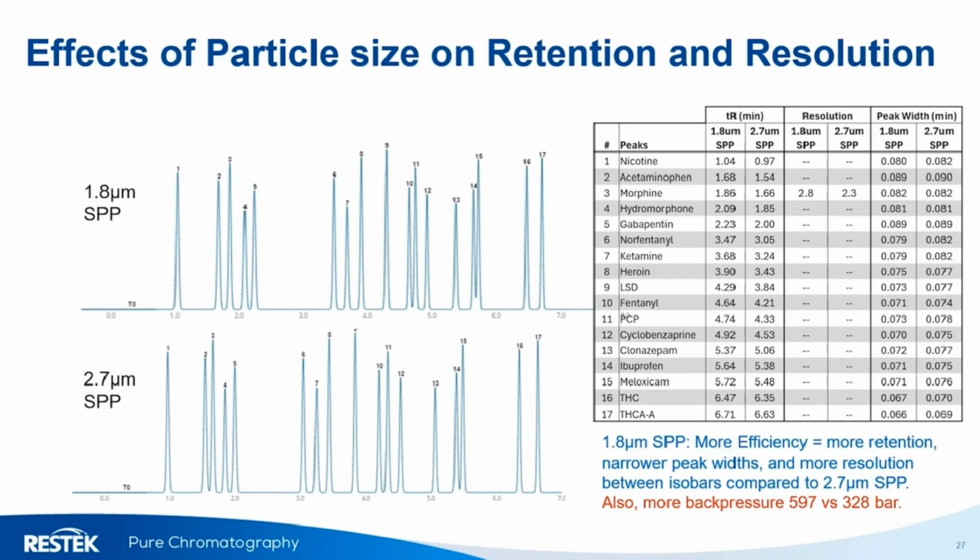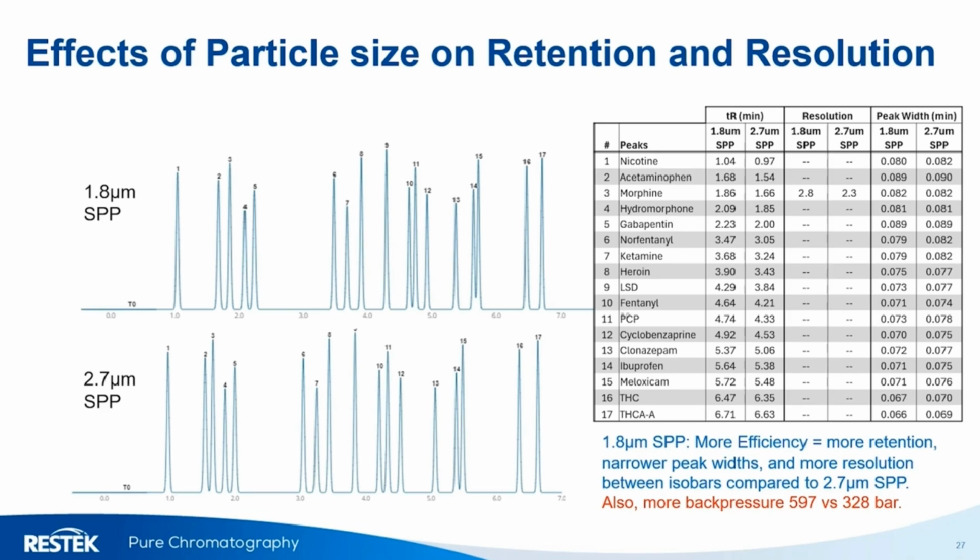Additionally, with smaller particle columns, the frit that holds the silica in the column is going to be a smaller diameter. On our 2.7 micron columns, that frit is a 2 micron frit, whereas on our 1.8 micron columns, that is a 0.5 micron frit. Smaller frits mean the column is more prone to clogging.